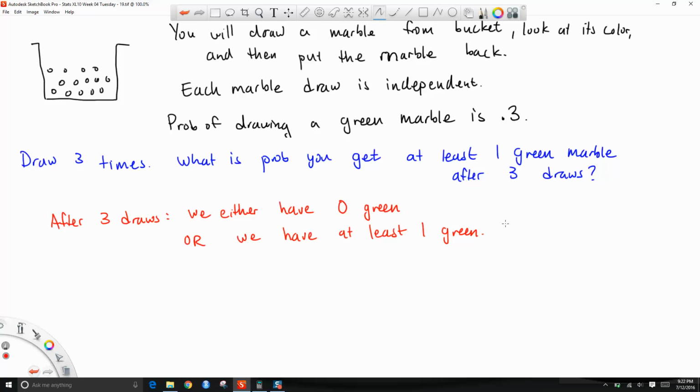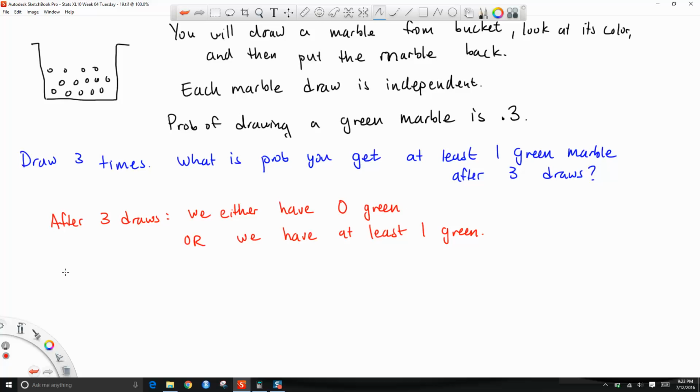Is there any other possibility? You either have 0 or you have at least 1. Is there anything else? No. You're either going to have 0 or at least 1. And these are mutually exclusive. You can't have 0 and at the same time have at least 1.